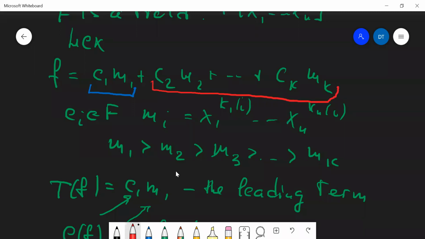It's called the tail of f. I will denote it by f0. So f0, this is the red part of this polynomial, and this is the tail. So each polynomial has a uniquely determined leading term and a tail, and the leading term consists of the leading coefficient and the leading monomial.